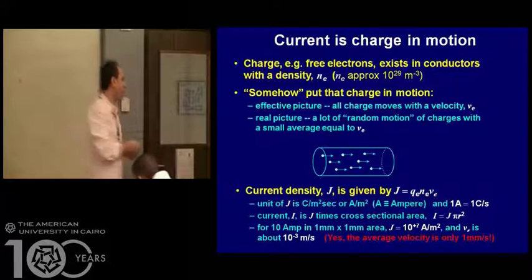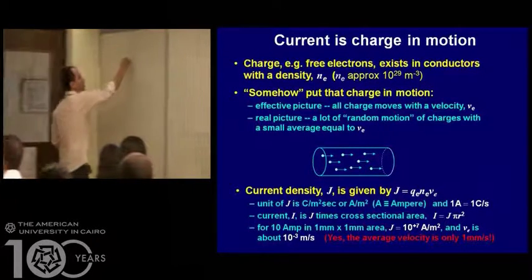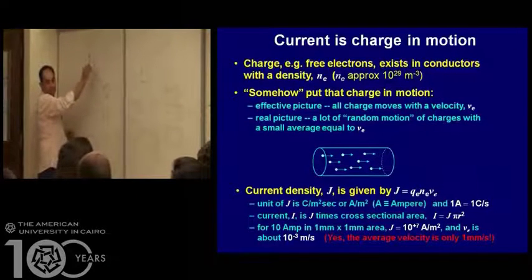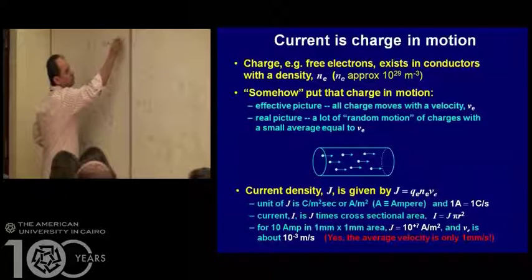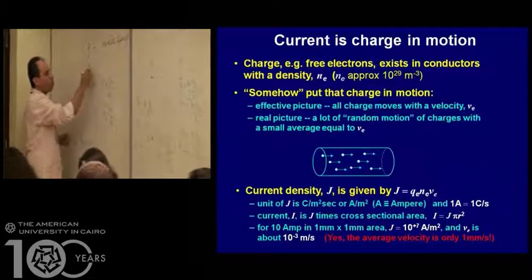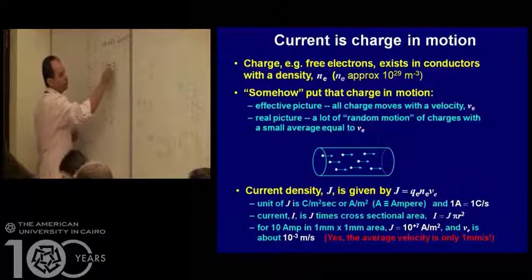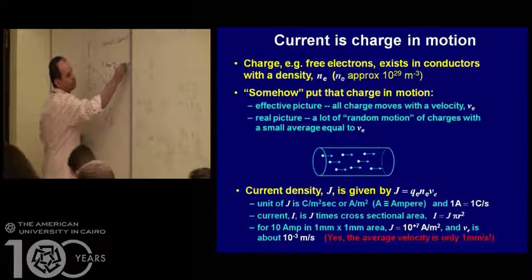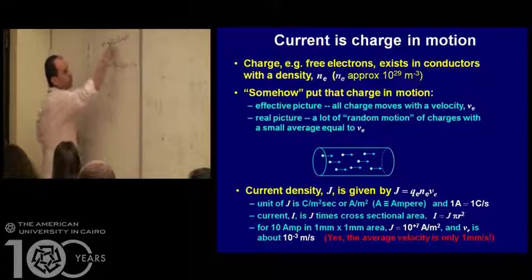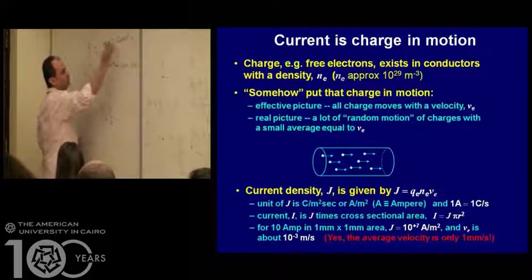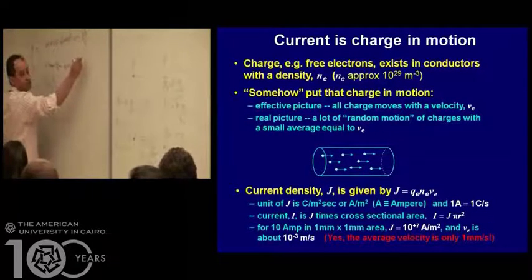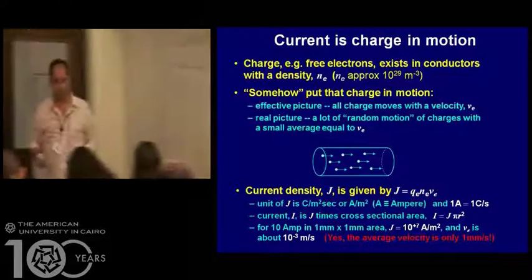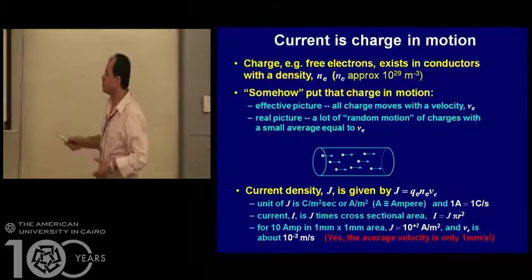I can call rho the mass density, and I can call rho the charge density. Does that mean that those are the same quantity? No. One of them is mass over volume, the other one is Q over volume. So how did we get that equation?